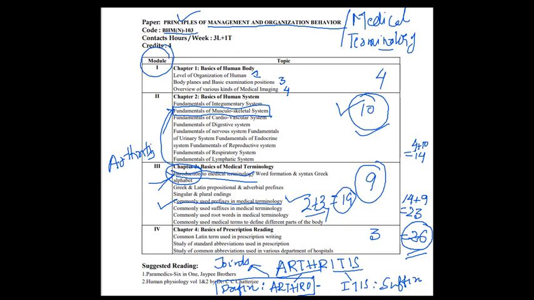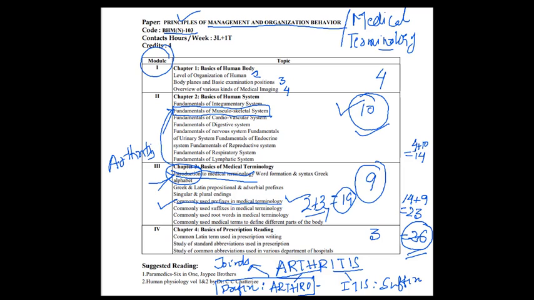The 3 topics of module 4 can be covered later on because the number of topics is less in module 4. The number of topics in module 1 is more than in module 4. So it's now better to start module 1. Why is this so?